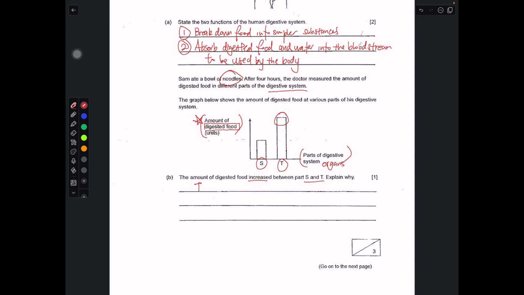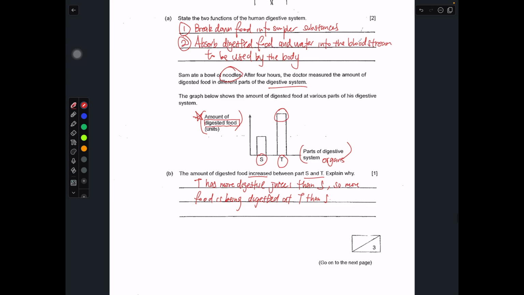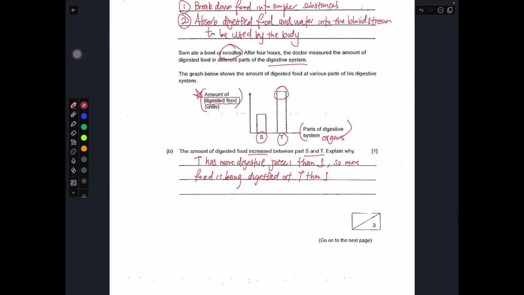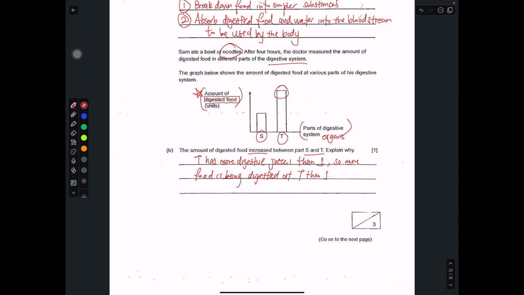So you can say T has more digestive juice than S, so more food is being digested at T than S. Okay, this could be one way that you want to explain.